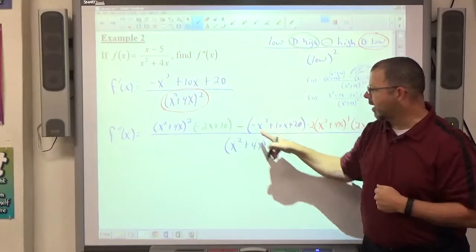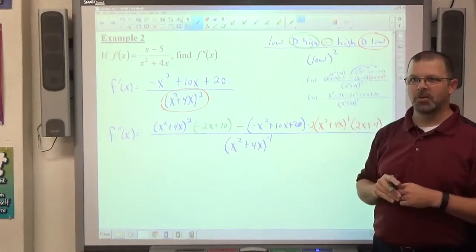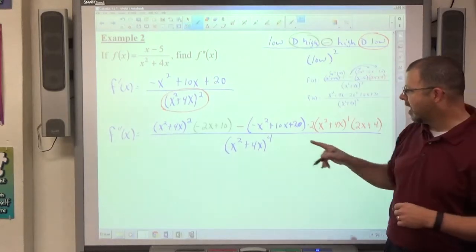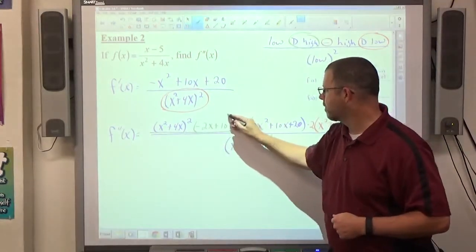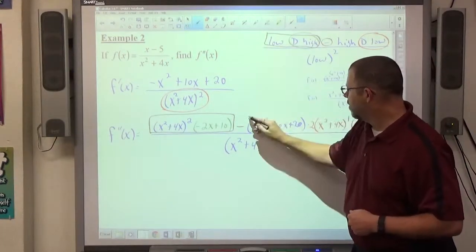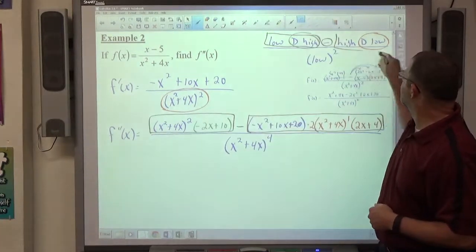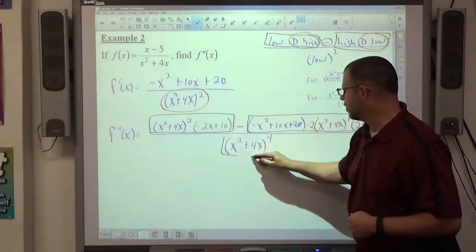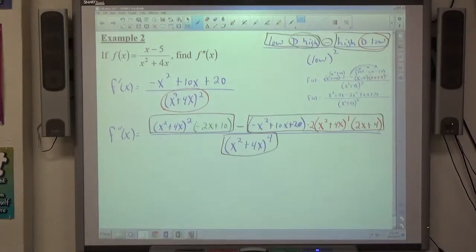This power went down by 2, which tells me, because I'm used to this, and hopefully you guys will become used to it, that every one of these objects, this product makes one term, this is a second term, this always makes the second term, and this is the third term. Those three terms have x squared plus 4x in common.